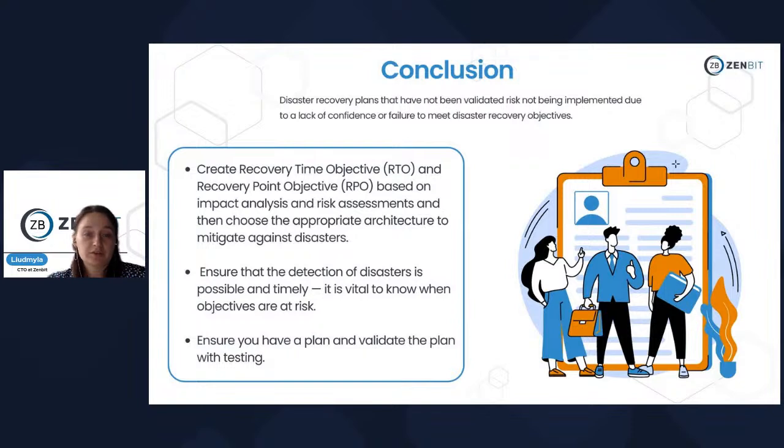First, create a recovery time objective and recovery point objective based on impact analysis and risk assessments, and then choose the appropriate architecture to mitigate against disasters. Ensure the detection of disaster is possible and timely. It is vital to know when objectives are at risk. And ensure you have a plan and validate the plan with testing.